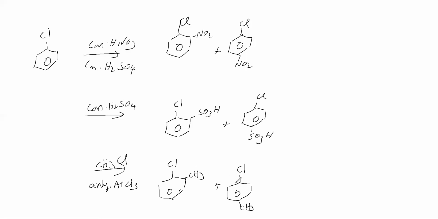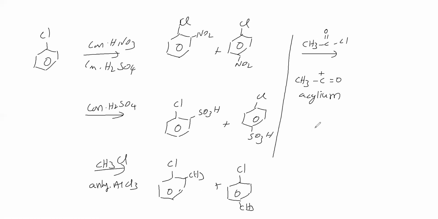It is Friedel-Crafts alkylation. Next we will see Friedel-Crafts acylation. Acylation means we take an acyl group, an acyl halide. So here the electrophile is the acylium ion.